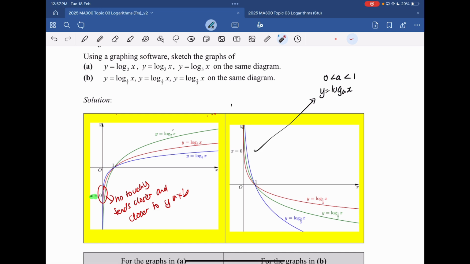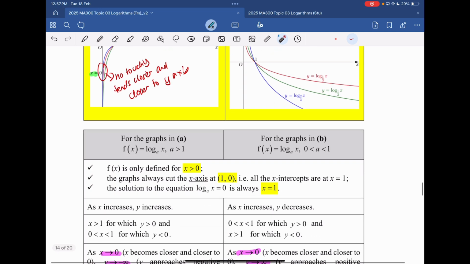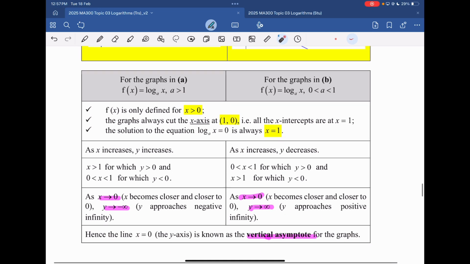They will ask you to write words sometimes. Compared to the exponential graph, where the x-axis is the asymptote, for the log graph the y-axis is the asymptote, a vertical asymptote. So remember, you need to label your graph.